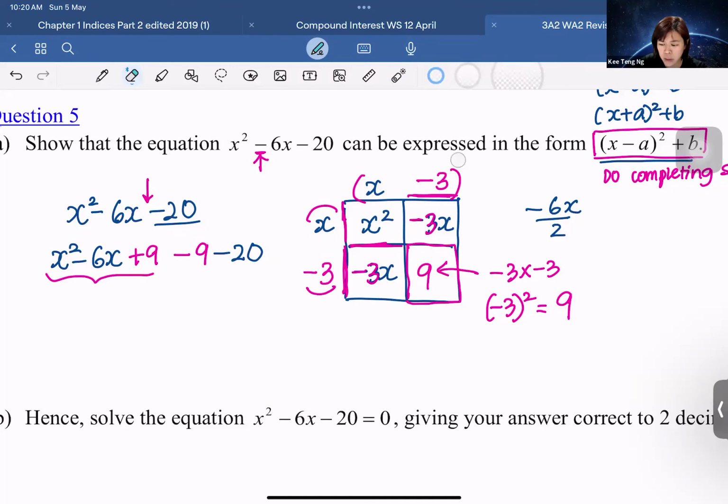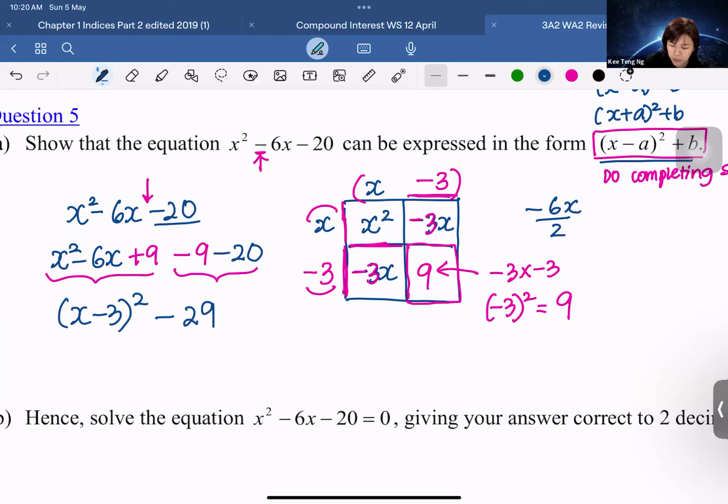Where do we get the x minus 3? We read it from this portion, right? So this whole portion becomes x minus 3 whole thing squared. Then the other portion over here will be -9 minus 20. That will give me -29. And this will be the answer.